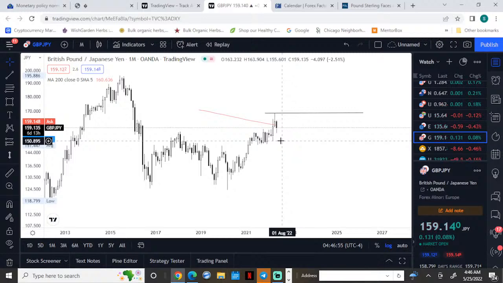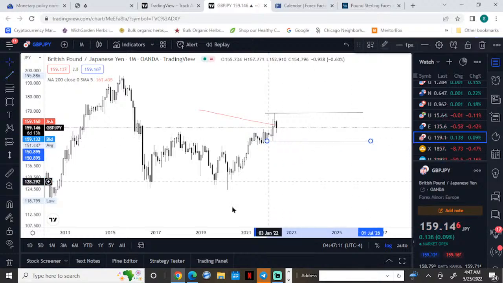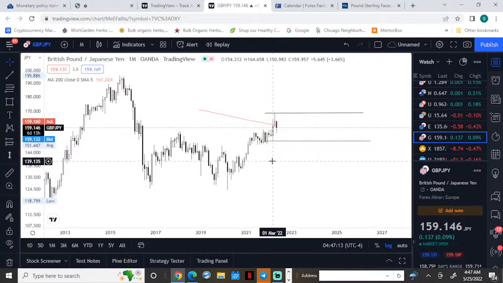And I marked the low of March because it was our last rejection point. And price also consolidated right in this area for the last couple of months. So it looks like a very well respected area.